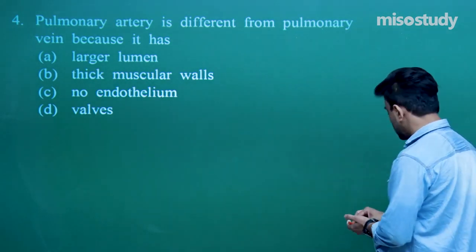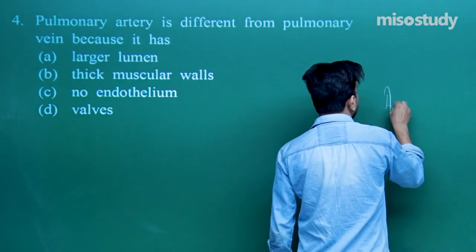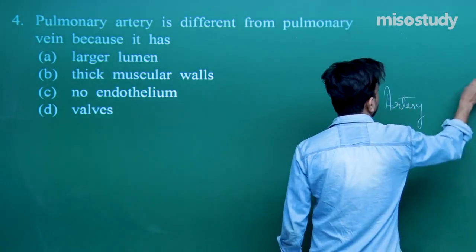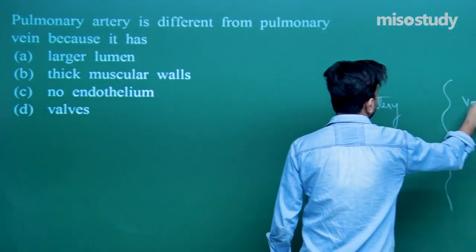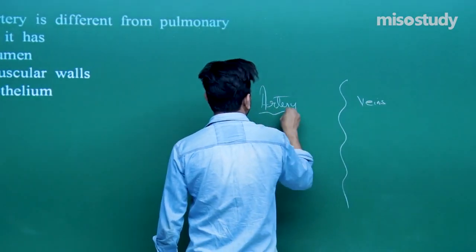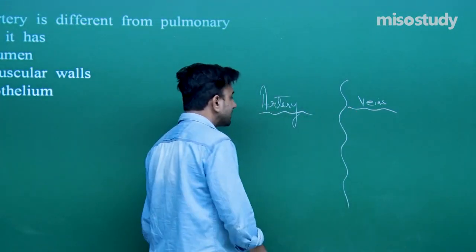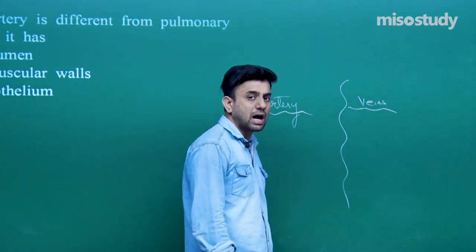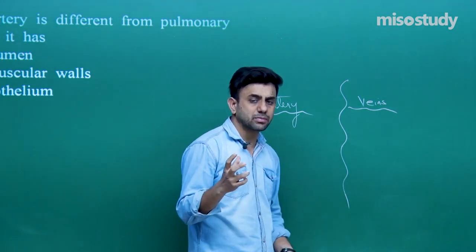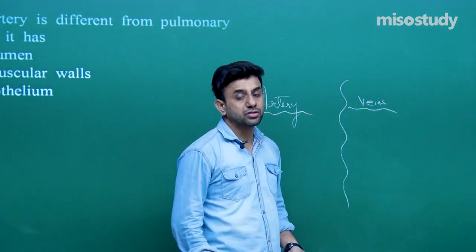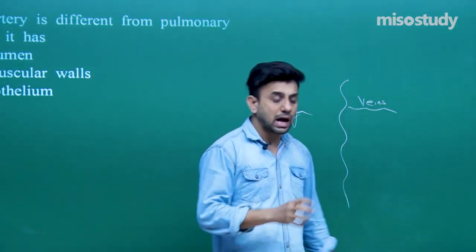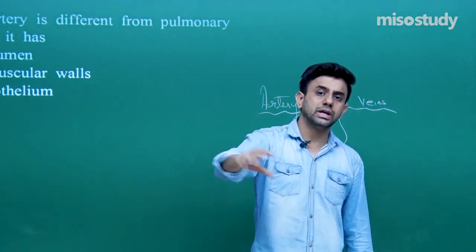Now, we all know the difference between the artery and the veins. The arteries have a thick muscular wall, right. They have a thick muscular wall because these are arising from the heart and they have to supply blood to the entire body.